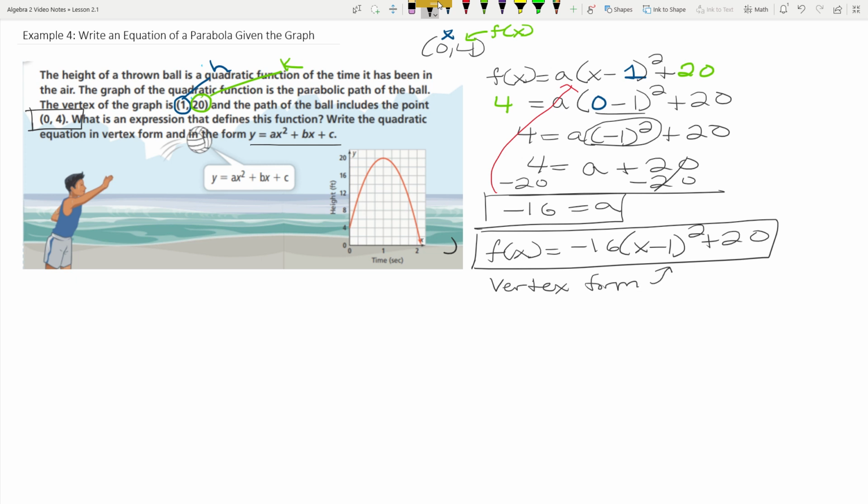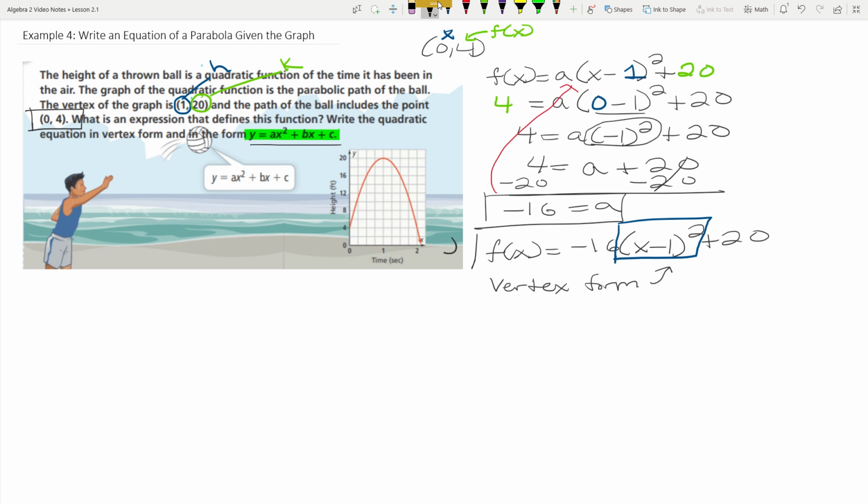Next, we want to write it in this form. So how do we do that? Well, to do that, we need to actually FOIL the x minus 1 squared out. That's the part that's going to take a lot of work, so let's go ahead and get started.